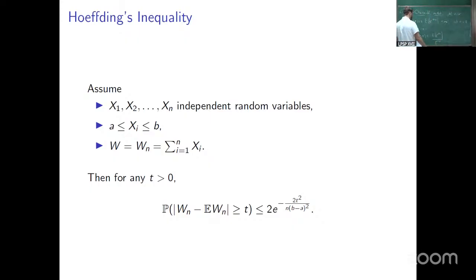And the second one is the other tail bound, which is the probability that W is less than or equal to negative t is less than or equal to this M of theta times e to the theta t. Oh, sorry, and I should say the first is for theta bigger than 0, and the second is for theta less than 0. That's important.